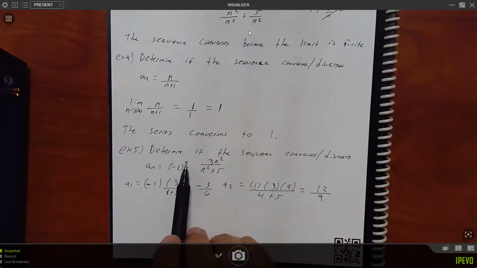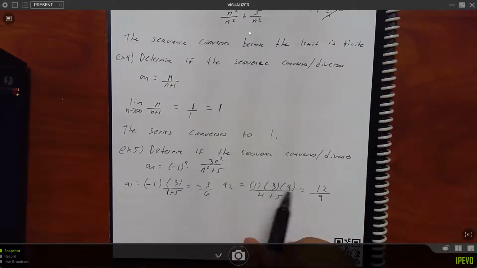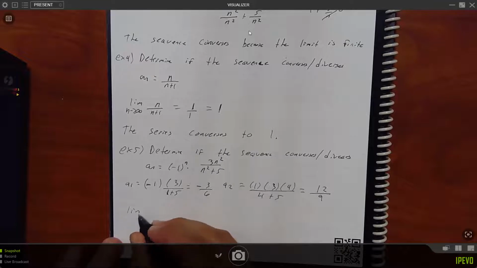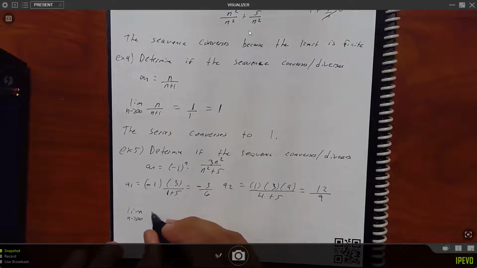As n goes from 1, 2, 3, 4, it's going to go from negative to positive, right? So if we did the limit, it would not exist because it's going to be alternating forever.